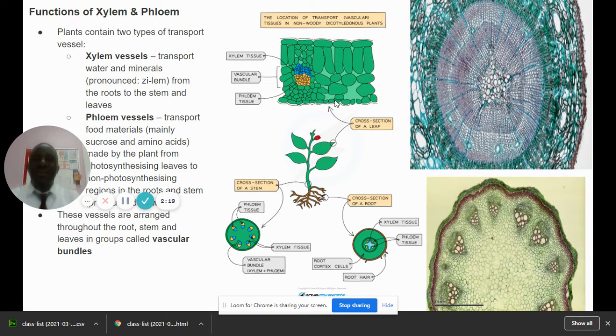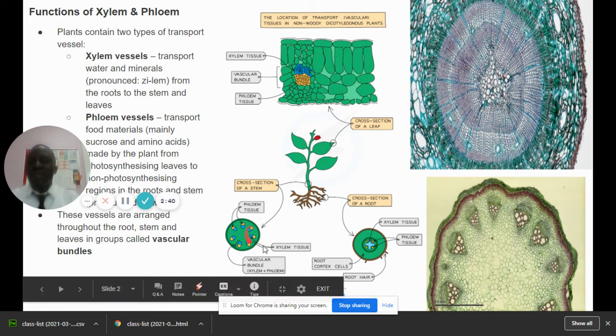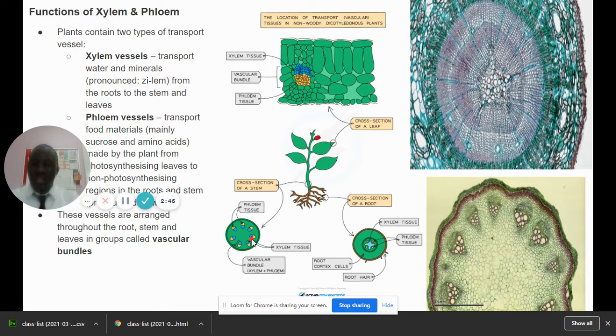Monocotyledonous plants have one cotyledon. Sorry, dicotyledonous plants have two cotyledons. If you check into the internal structures of monocotyledonous plants, you realize that the arrangement of the vascular bundle is different from that of dicotyledonous plants.